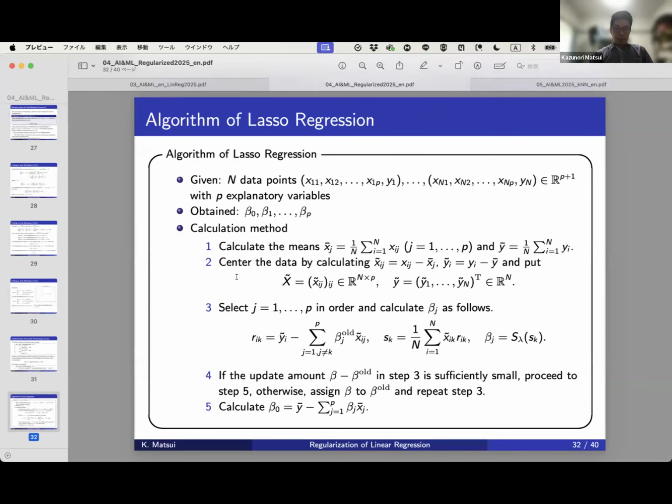Like here. This is a soft thresholding function. First, we calculate the averages and subtract them from the data. Unlike ridge regression, lasso regression doesn't allow direct calculation.